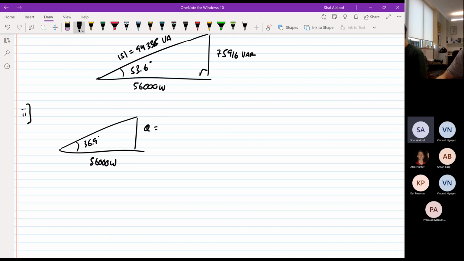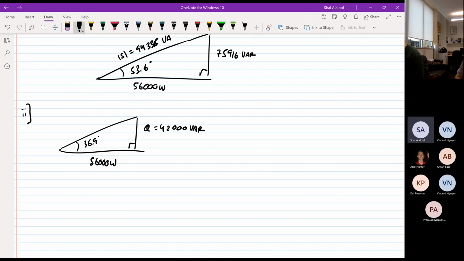And then the final Q you can get by doing trig again, which should give you 56,000 times tan 36.9, which is about 42,000. It's like 42,045, but doesn't matter. Cool. VAR.